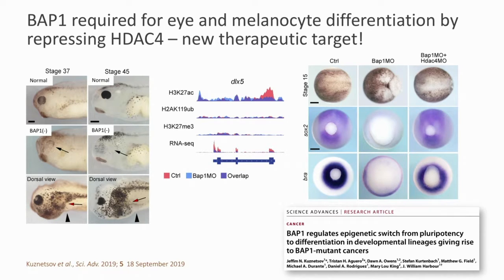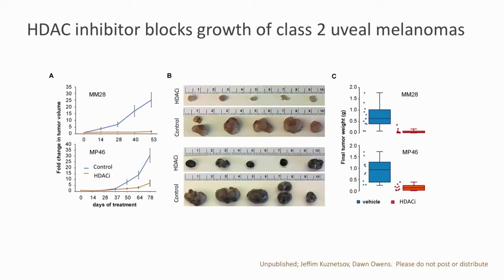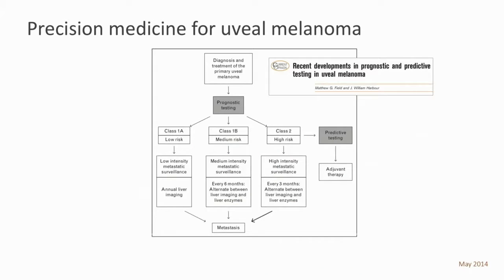As we can see on the right, we've used an HDAC inhibitor specific for HDAC4 that completely reverses this developmental phenotype in Xenopus. And when we go to an in vivo model, but a mouse model using human uveal melanoma cells, we completely block the growth of uveal melanoma cells using an HDAC4 inhibitor.